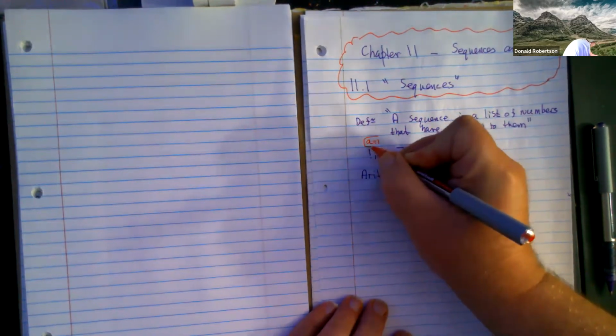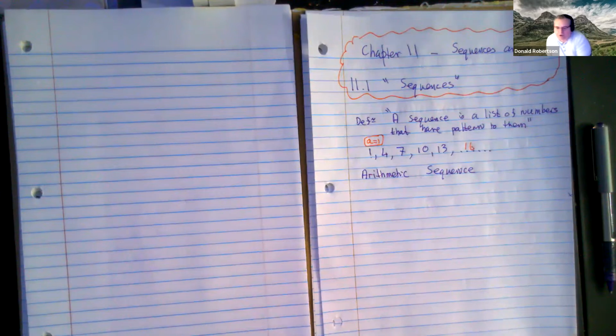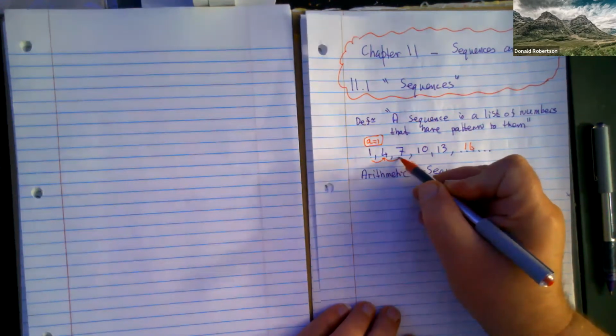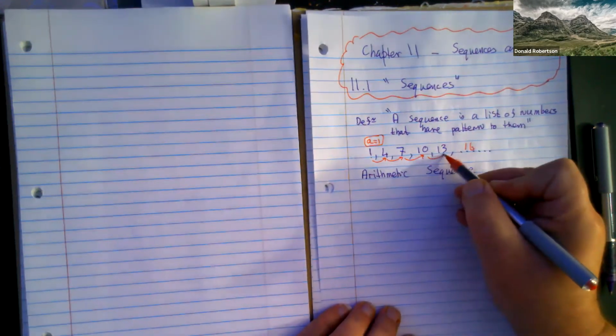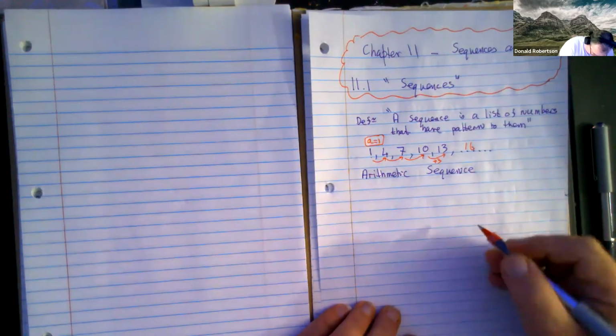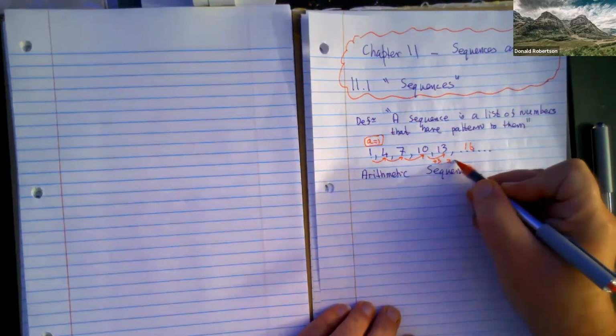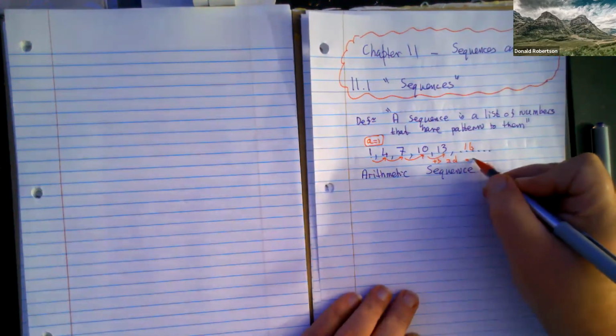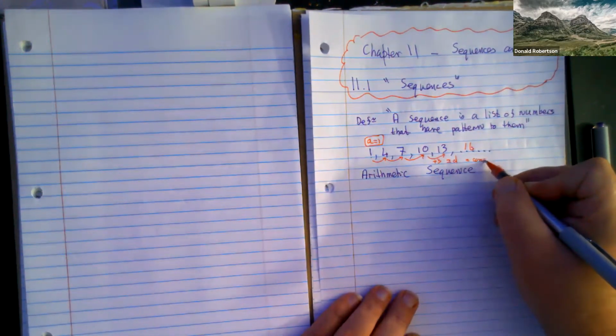The first number in the sequence is typically called A. Got to call it something. And in this sequence, did you notice that you're adding 3 each time? That is called D, which is short for the common difference.